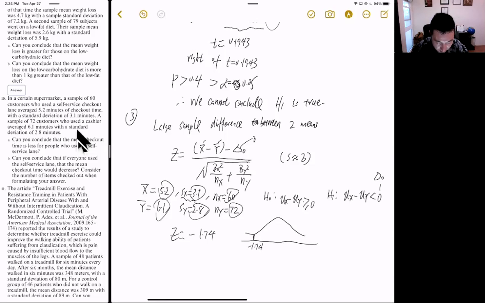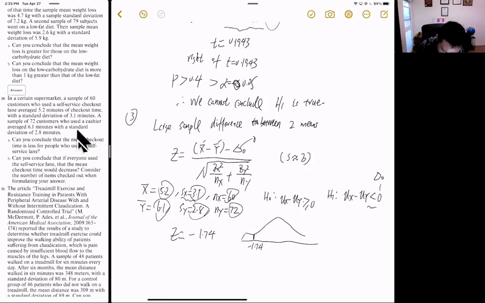Then we find the p-value. Because the alternative hypothesis H1 is asking mu X minus mu Y less than 0, we need to find the area to the left of z.